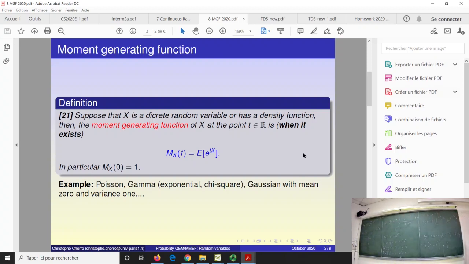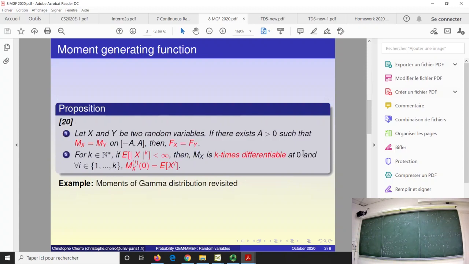So what will be some tricks concerning this moment generating function, and its use? Two important things. It's a really strong result, probably for the moment the strongest result we have seen together. And as it is strong, as you can imagine, it is not that easy to prove.